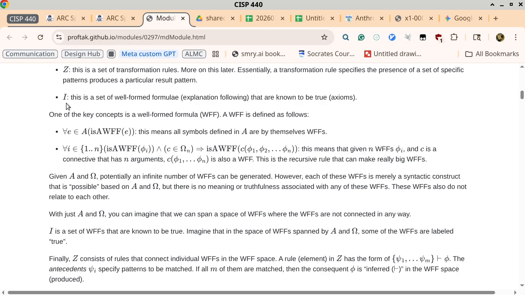So what that means is if you can somehow show me an implication that is true, and then you can find out that the left-hand side of that implication is also labeled true, then I can infer, and basically I can now label whatever is on the right-hand side of the implication, in this case psi, as true.